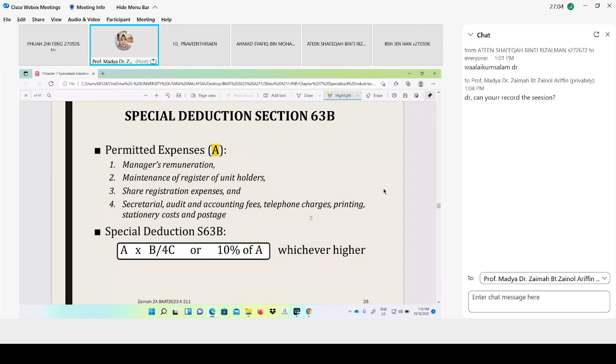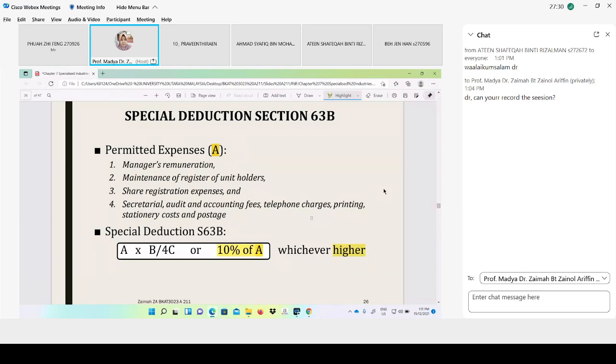The formula there is A multiplied by B divided by C, or 5% of B, that is ISC non-listed. But in here under unit trust, you compare with 10% of A, 10% of the permitted expenses, whichever is higher. Last time it was whichever is lower, under ISC.